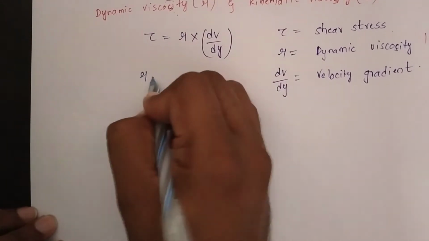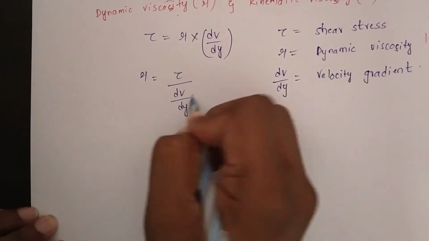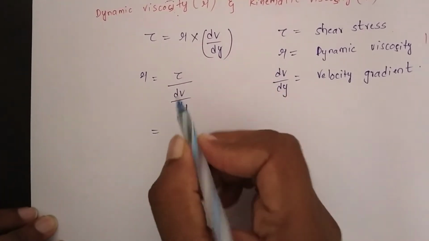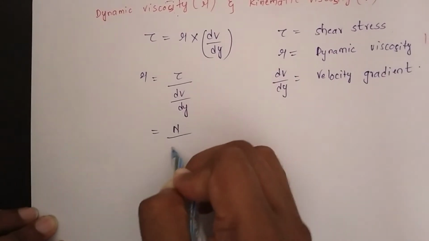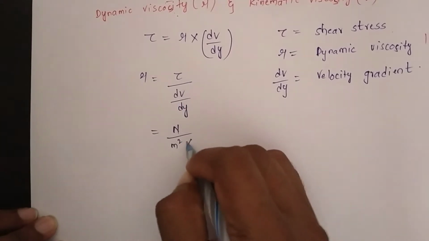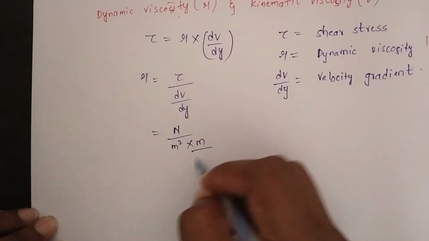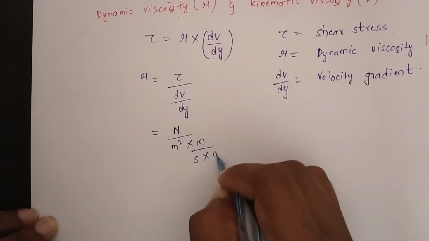Now mu is equal to tau by dV by dy. We know the units of shear stress is Newton per meter square, units of velocity is meter per second, and units of distance is meter.